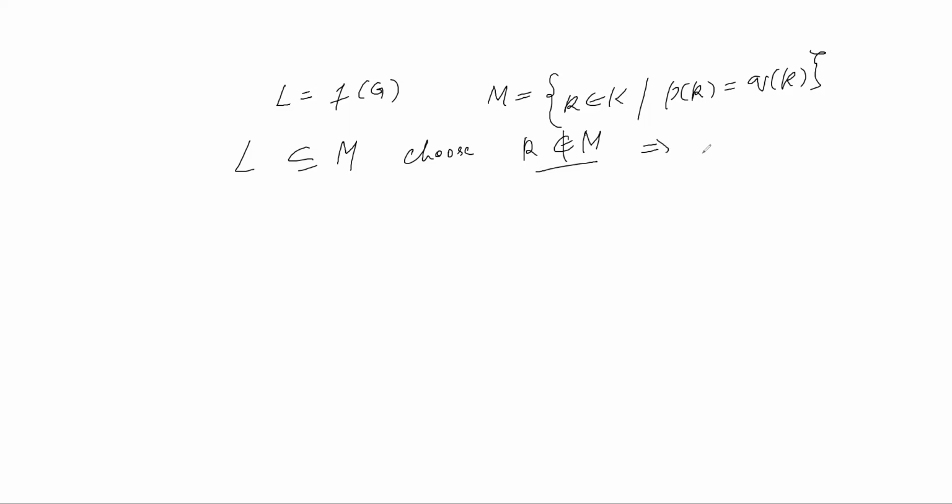Means on this K, P of K is not equal to Q of K. Now by definition of P, this means what? Choose K in K, P of K is not equal to Q of K. What does then it mean?